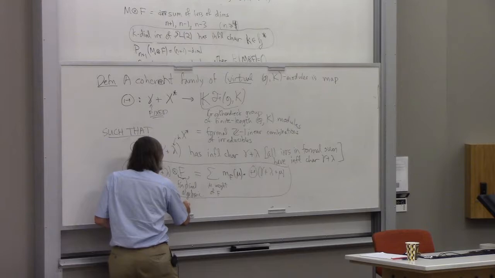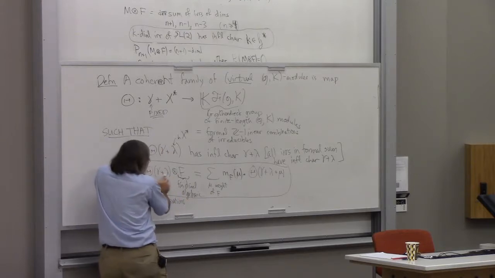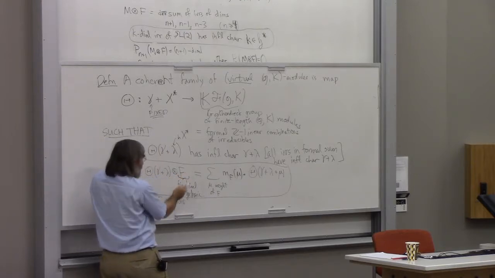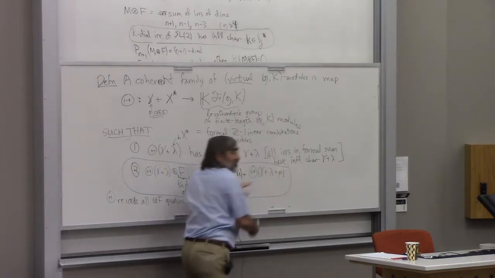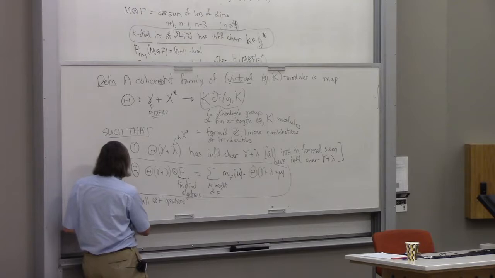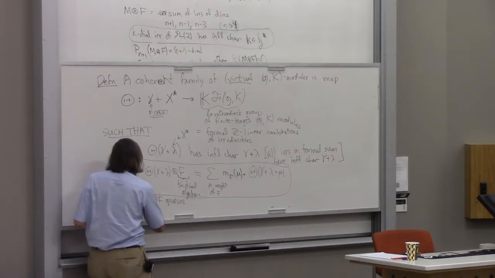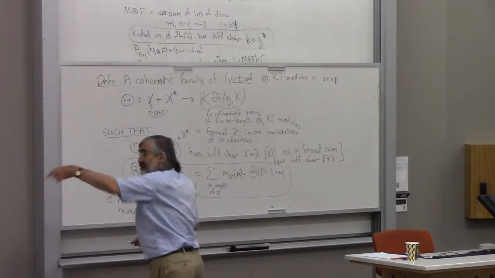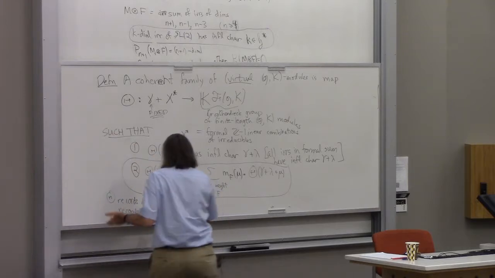If you take any one of these things and you tensor it with some finite dimensional, then this tells you what comes out. And it also records these P gammas.